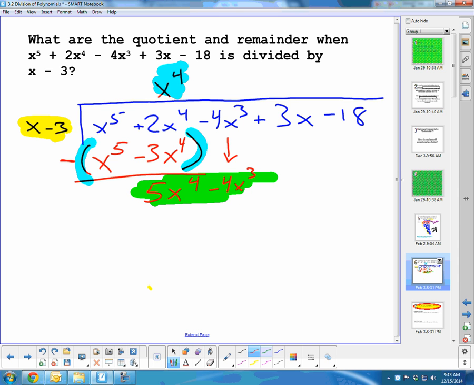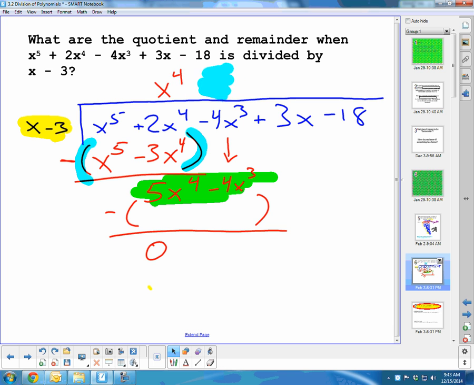And it's almost like I can think about this ahead of time and say, when I subtract, I want to get a 0 there. So what is it that I need to put in this position? What is it that I need to multiply the x minus 3 by right here so that when I do this subtraction, I get a 0? And I'm thinking to myself, well, I've got an x right here.